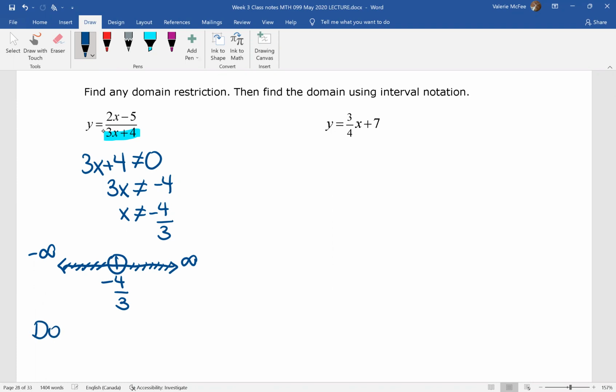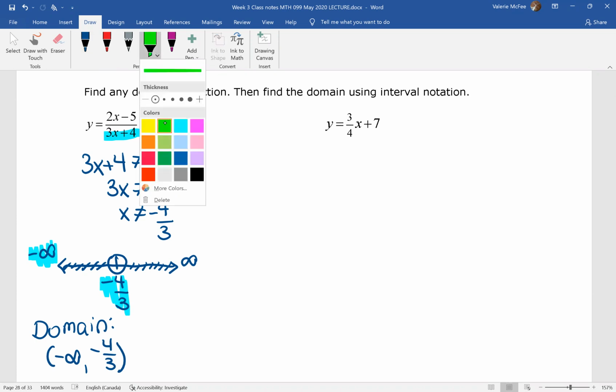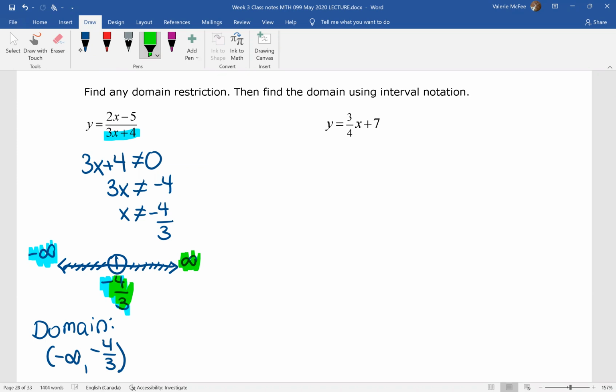So my domain, using interval notation, I look at the endpoints. Negative infinity to negative 4/3, not equal to negative 4/3. Sorry, negative 4/3 to infinity with the union symbol.